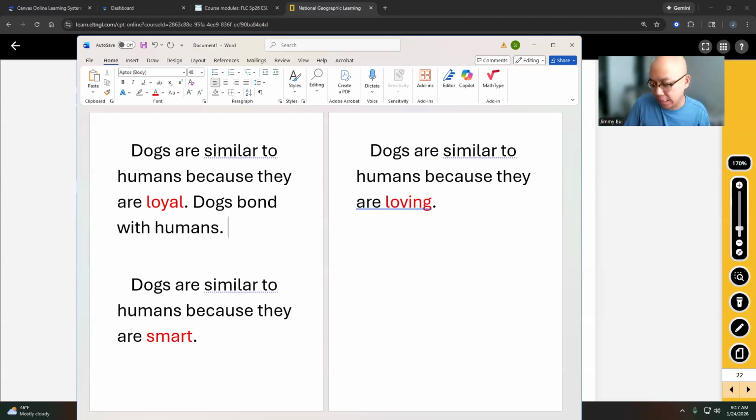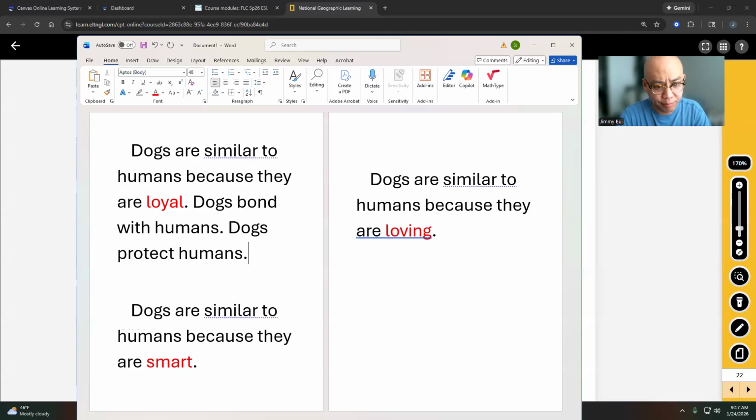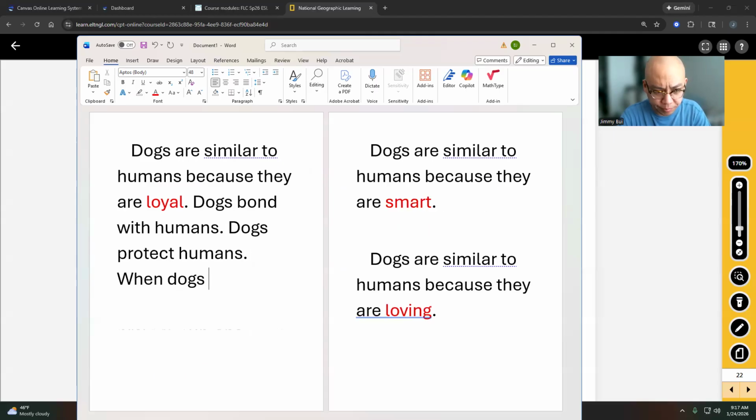But these detailed sentences are going to be short, so that I could sort of explain, right? So dogs bond with humans. Dogs protect humans. When humans need a friend, dogs are always by their side.